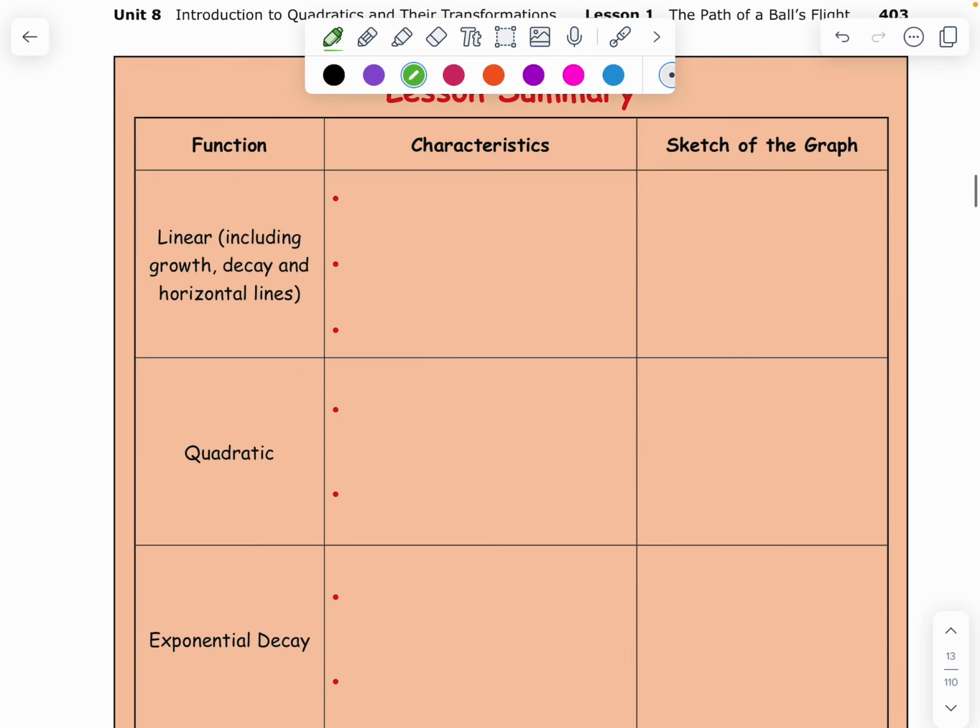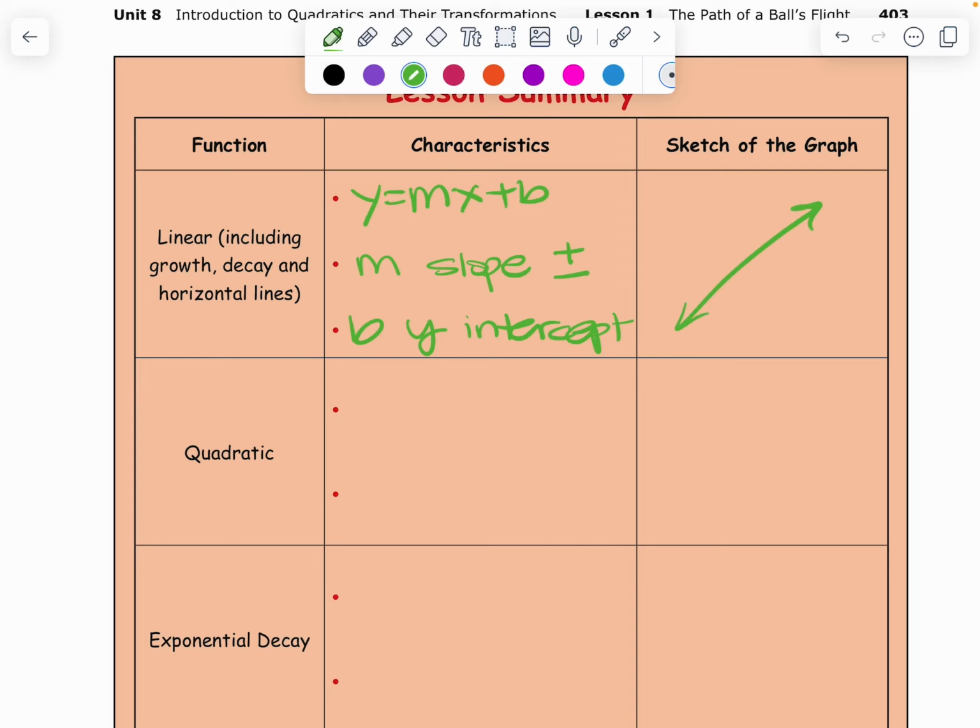So, lesson summary here. You should be able to fill in linear, right? Characteristics: y equals mx plus b. The m is our slope. It can either be positive or negative. The b is our y-intercept, which is very important too. And then if I sketched it, it might look something like that.